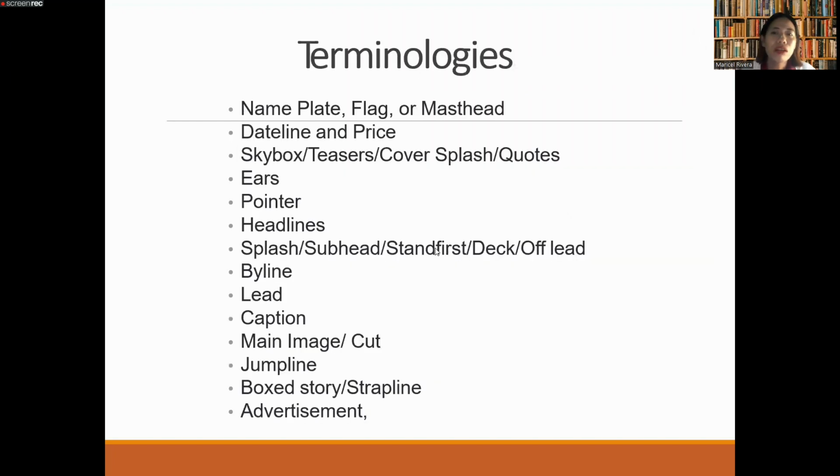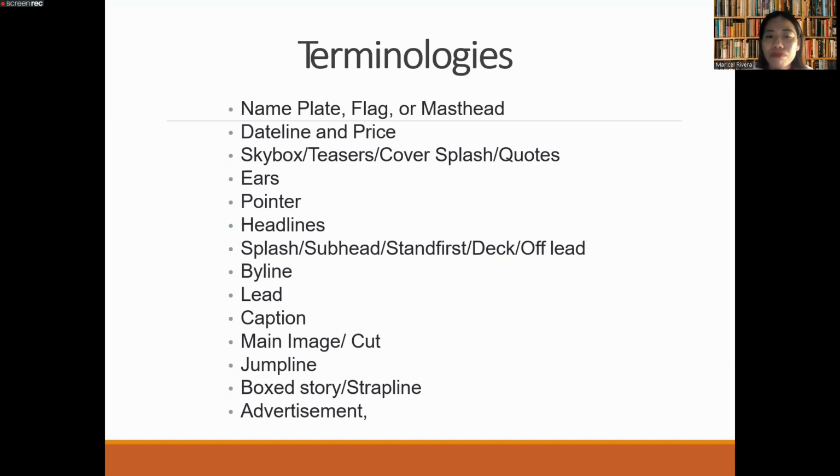Now, there are terminologies that we are going to unlock as we move forward, and these are the things: nameplate, flag or masthead, dateline and price, and earlier we were able to see the dateline and the price. And then we do have also the skybox, the teasers, cover splash, and the code, ears of the front page, and then pointer, headline, splash, subhead, stand first, deck, off lead.